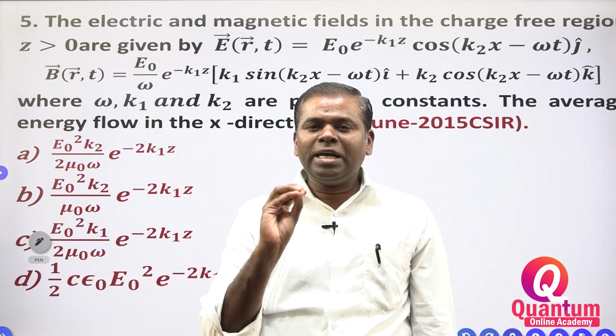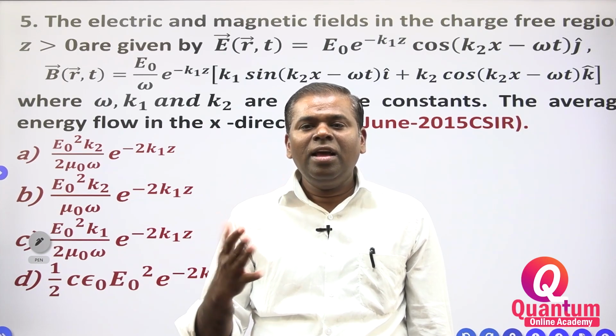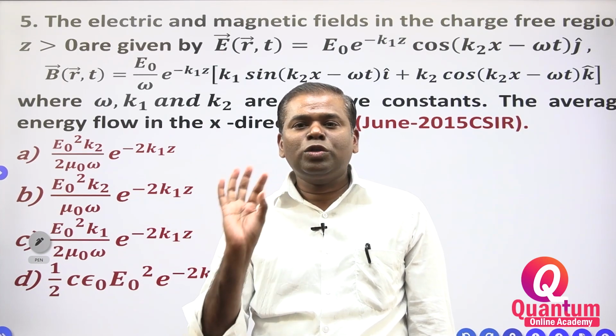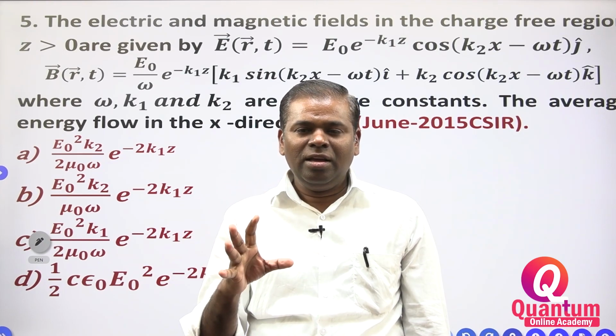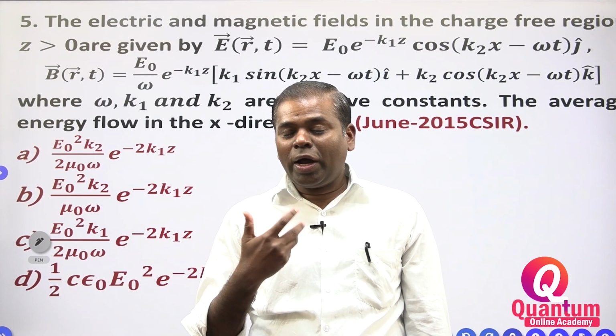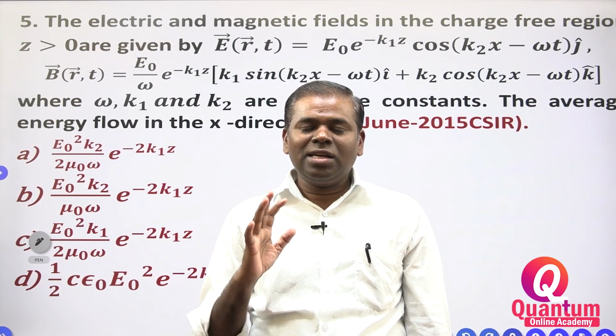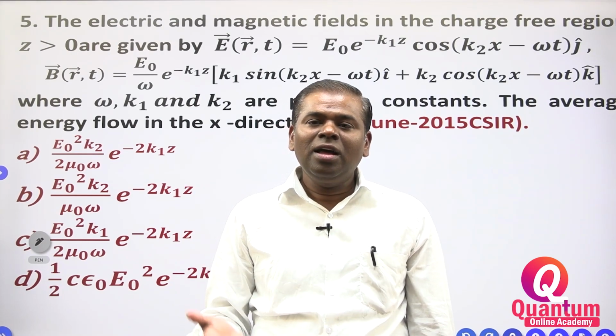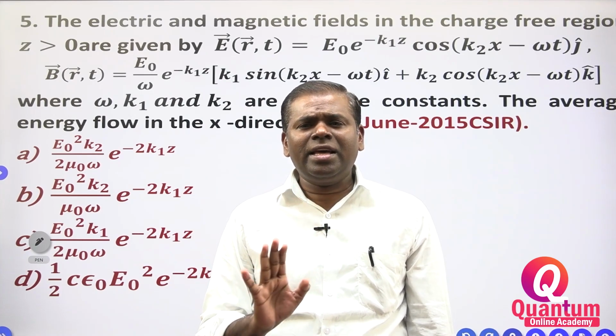If you know the mathematical methods of physics very well, all the subjects you can do very simply. Otherwise, it is very difficult to solve the problems. You are unable to understand what they are asking, what they want to ask. The entire thing is different.